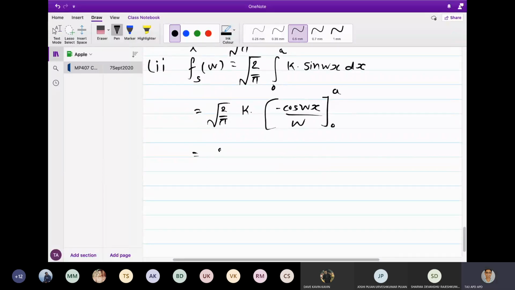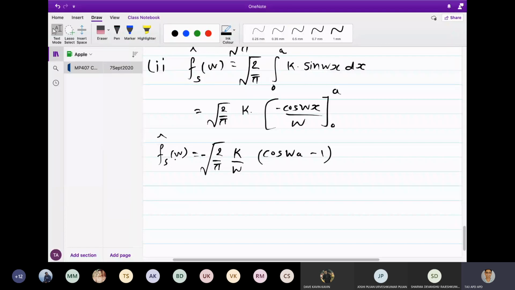Taking the limits out, this is going to be cos wa minus 1. Let's take this minus sign outside: minus (cos wa minus 1) over w. So that is the Fourier sine transform.